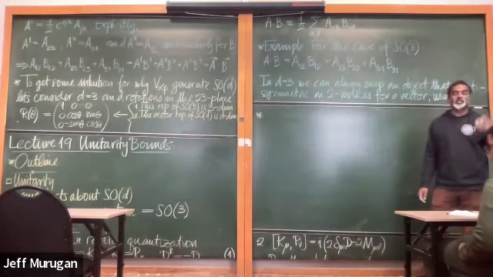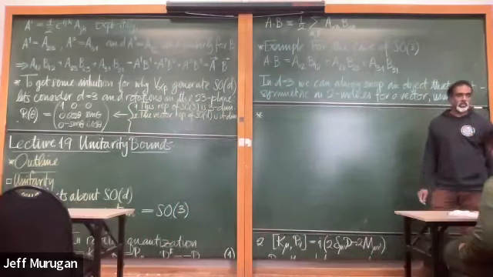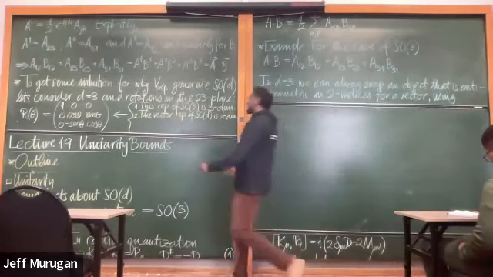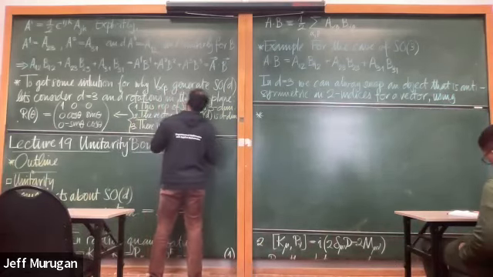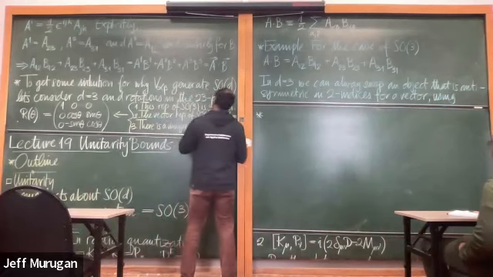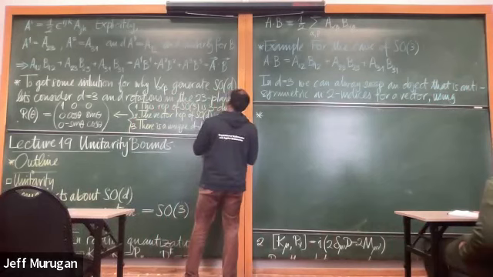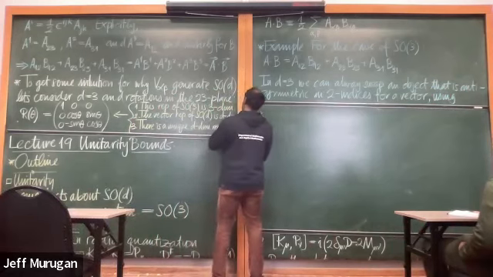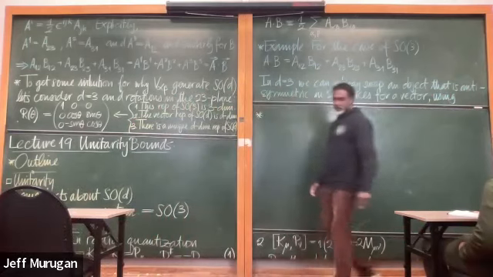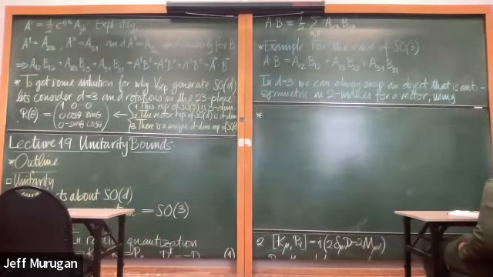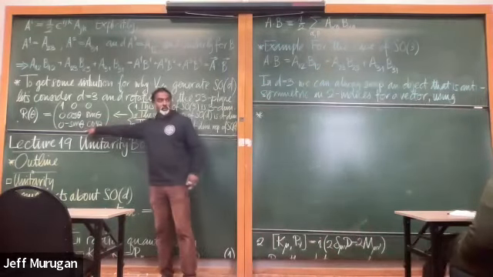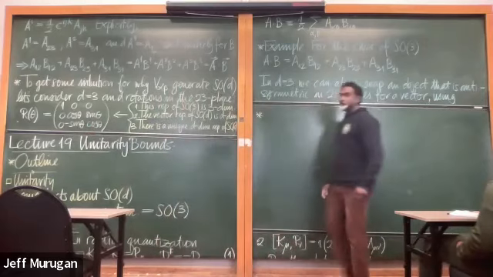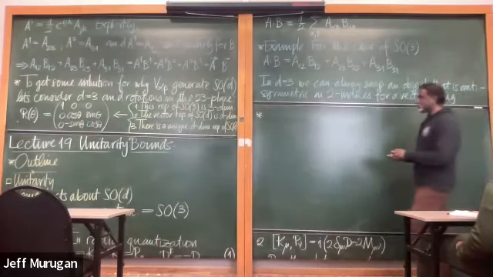Then statement 3 is that there is a unique d-dimensional representation of SO(D). And taken together, these three steps mean that this must be the vector representation of SO(D). So it follows that.